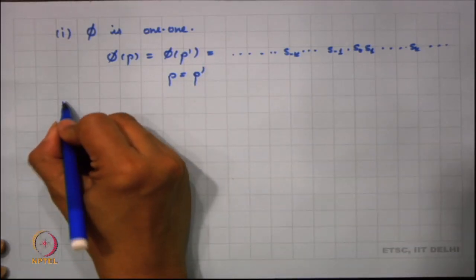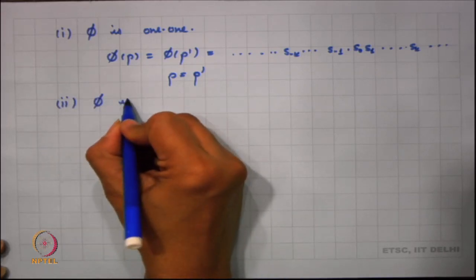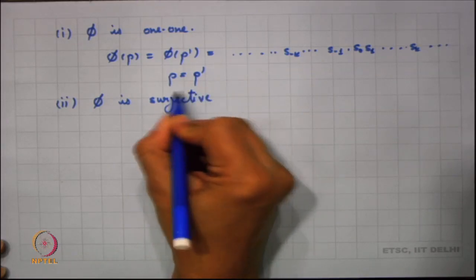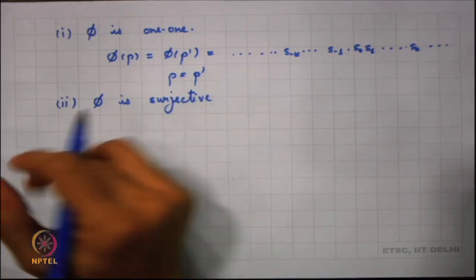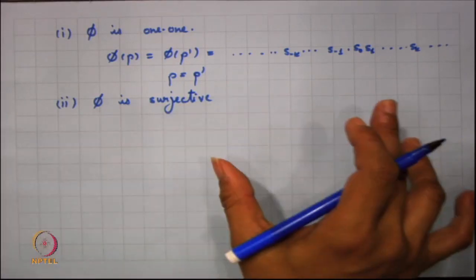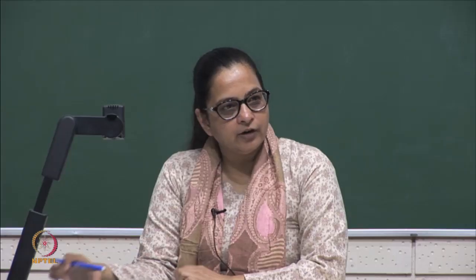So, our next observation here is that phi is onto, that means phi is surjective, and that is always possible, because any vertical line and any horizontal line will always intersect, and it will always give me some point p in lambda.